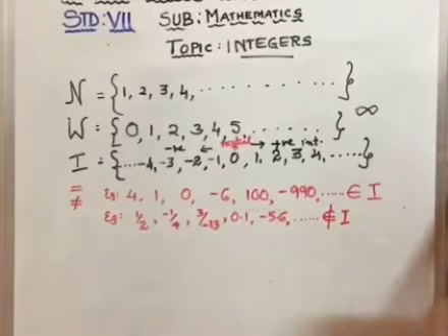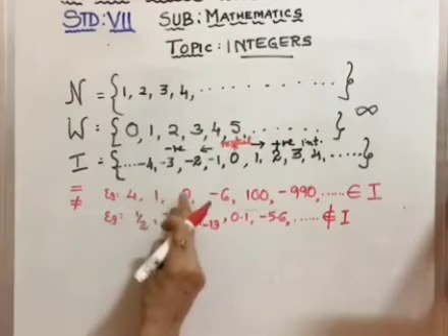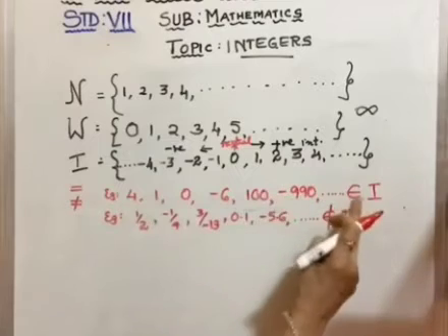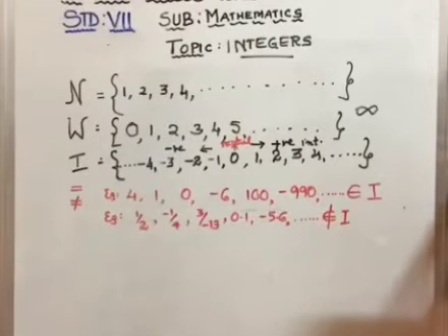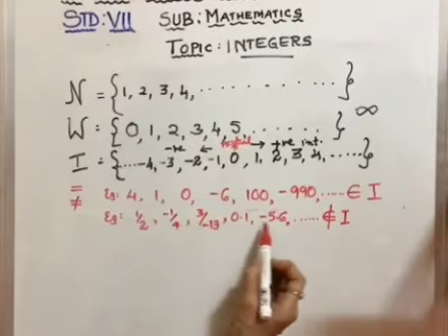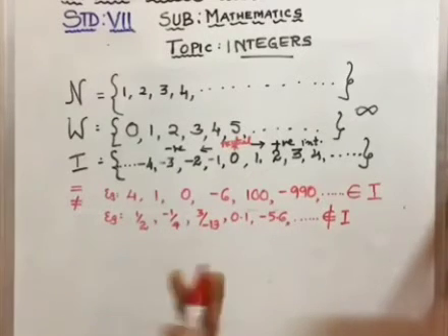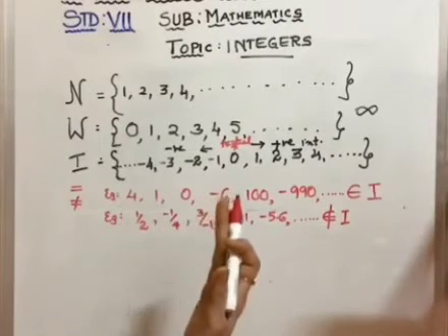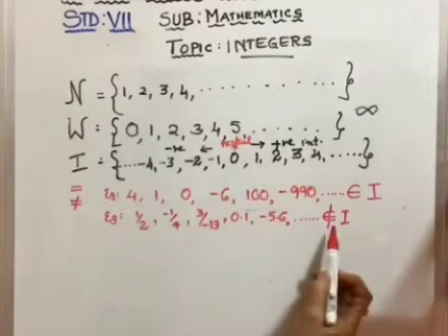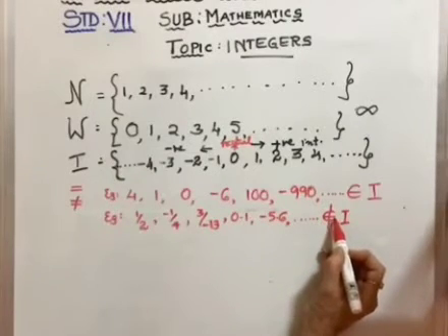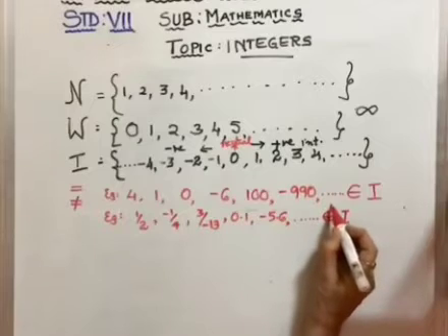I repeat, children, these integers which are complete or whole, they all belong to the set of integers, whereas half, negative 1/4, all these numbers which are not complete but which are parts, they all do not belong to the set of integers. This symbol reads as does not belong to.